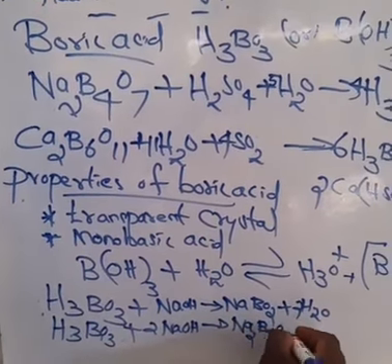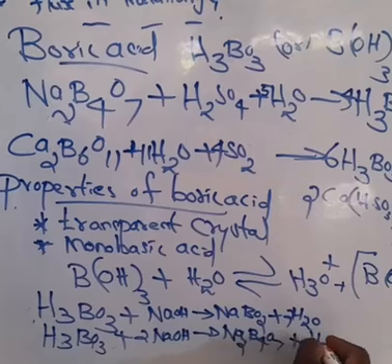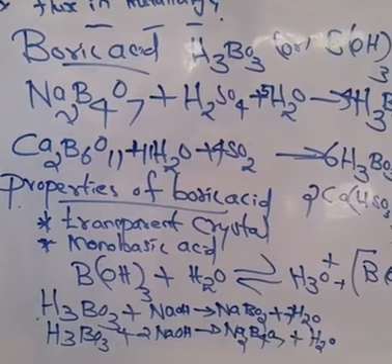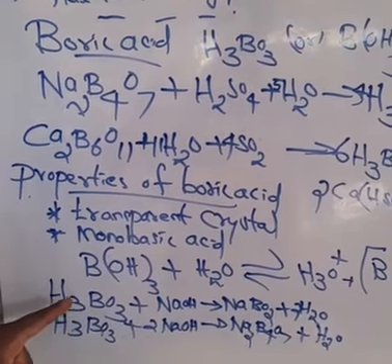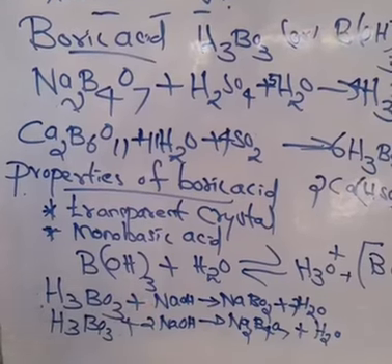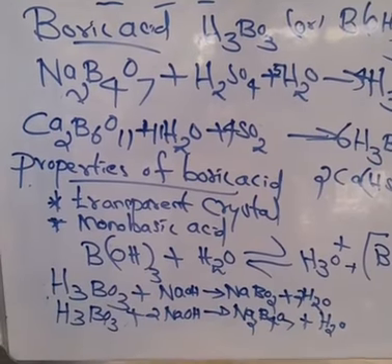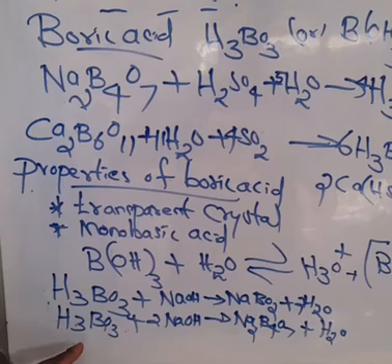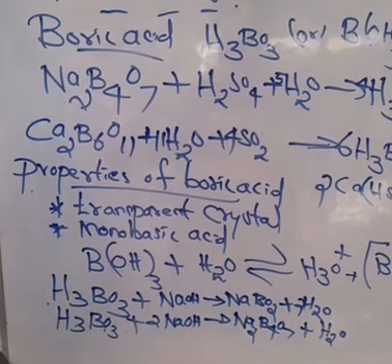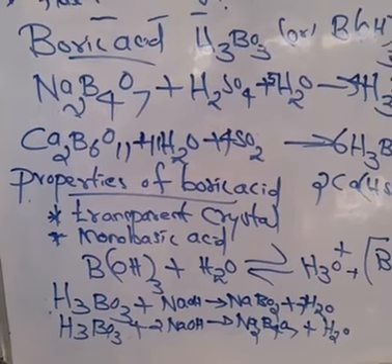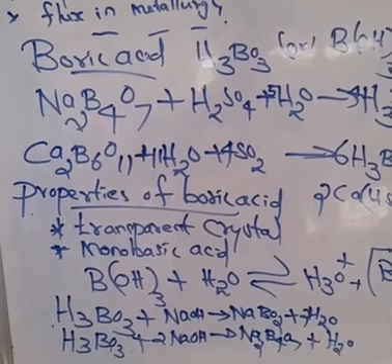Na2B4O7 plus water. First of all, boric acid reacts with sodium hydroxide to give sodium metaborate. And boric acid reacting with two molecules of sodium hydroxide gives sodium tetraborate.